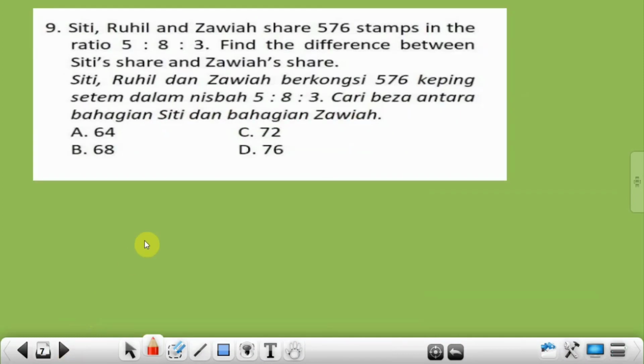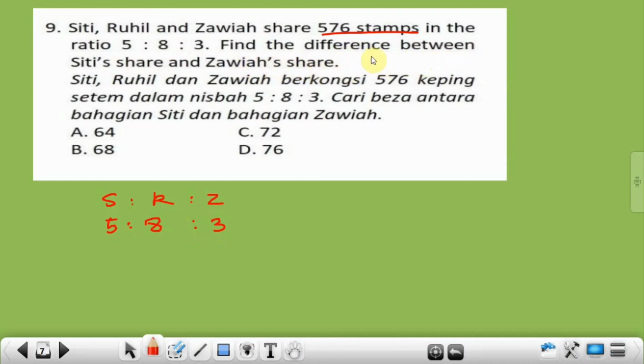Okay, next. Siti, Ruhil, and Zawiya share 576 stamps in the ratio of 5, 8, 3. Find the difference between Siti's share and Zawiya's share.